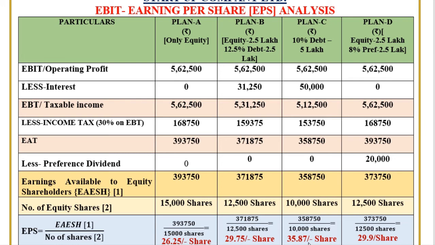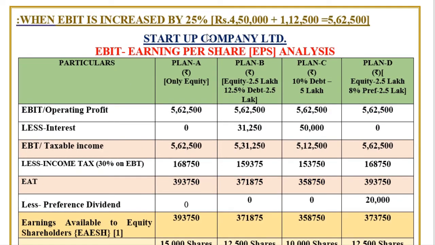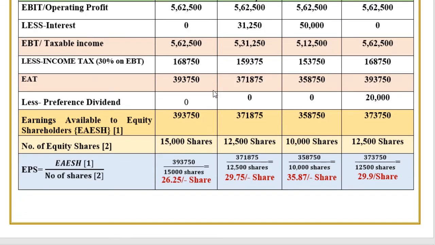So they can raise 5 lakh rupees by issue of 10% debentures. Either when EBIT is increased by 25%. Suppose if the EBIT is decreased by 25%, ಏನು ಹೇಗೆ?